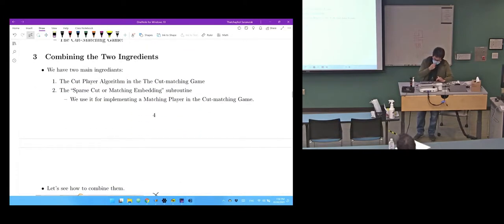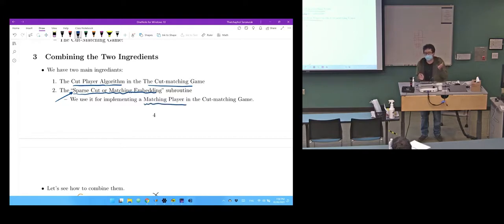Now let's see how exactly we combine these two things. The main ingredients are a cut player algorithm from the cut matching game, and the sparse cut or matching embedding subroutine that we just saw. This will be the matching player.